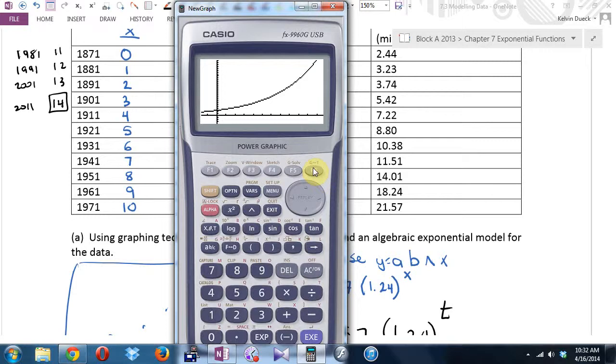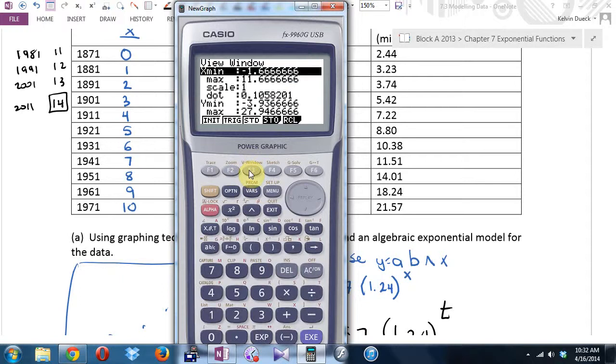You're looking, yeah, okay. We want to find out the y value that goes with an x value of 14. Now, there's a problem. I'm going to have to make my graph a bit longer. All of us go View Window, F3. What's the highest x value that appears right now? For me, it's 11.66. What appears on yours? Oh, the same? So I need to get 14.